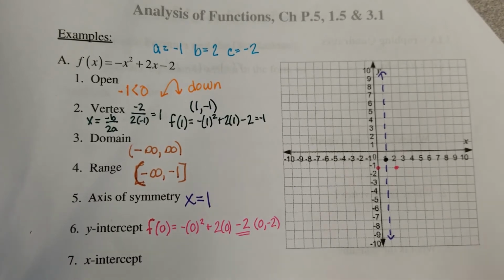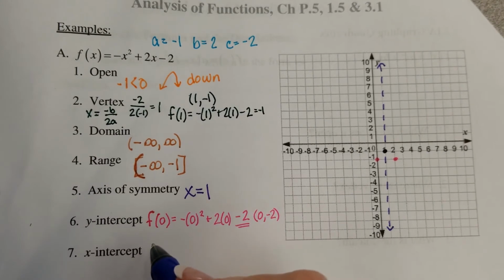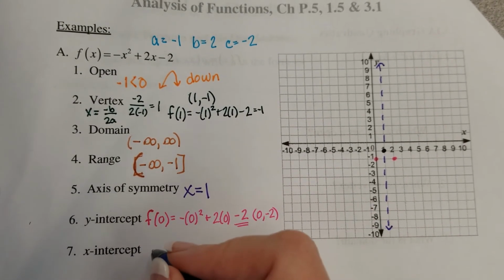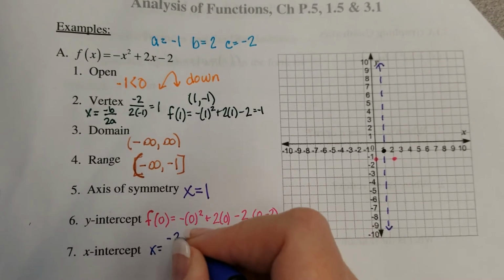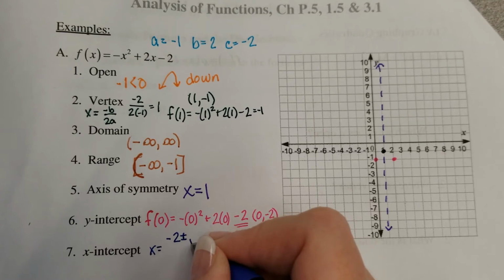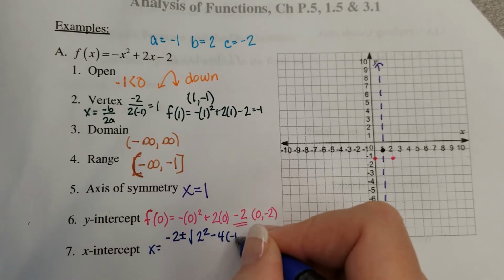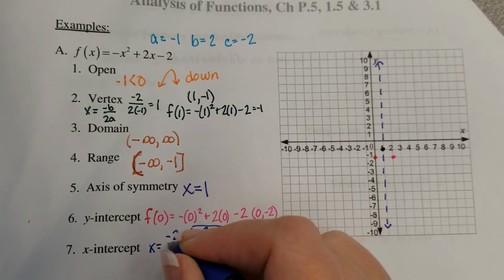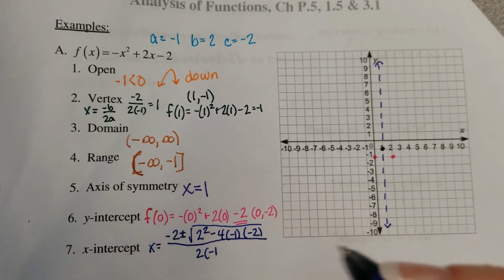Our x-intercept is if I wanted to set this equal to 0. Now this one, it does not factor. I could use the quadratic formula. X is equal to -2 plus or minus the square root of 2 squared minus 4 times -1 times -2, all over 2 times -1.